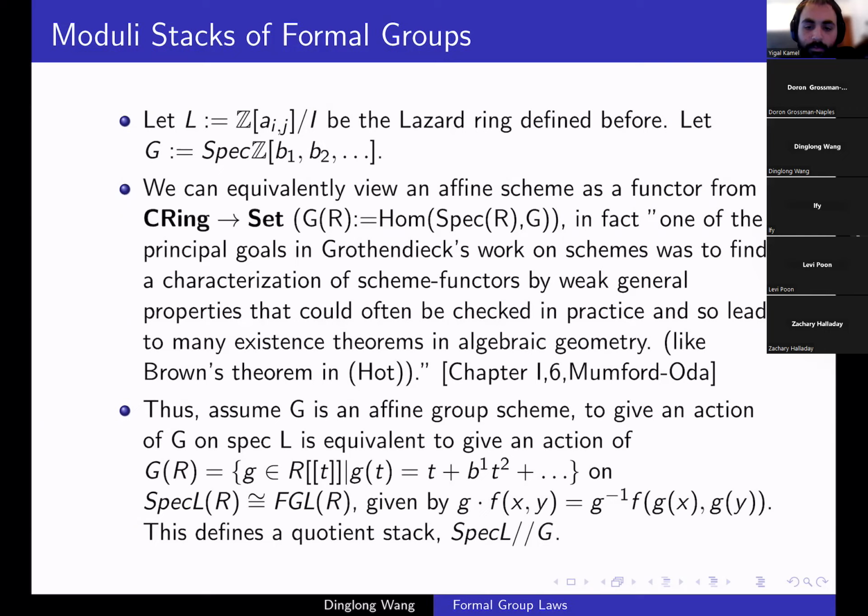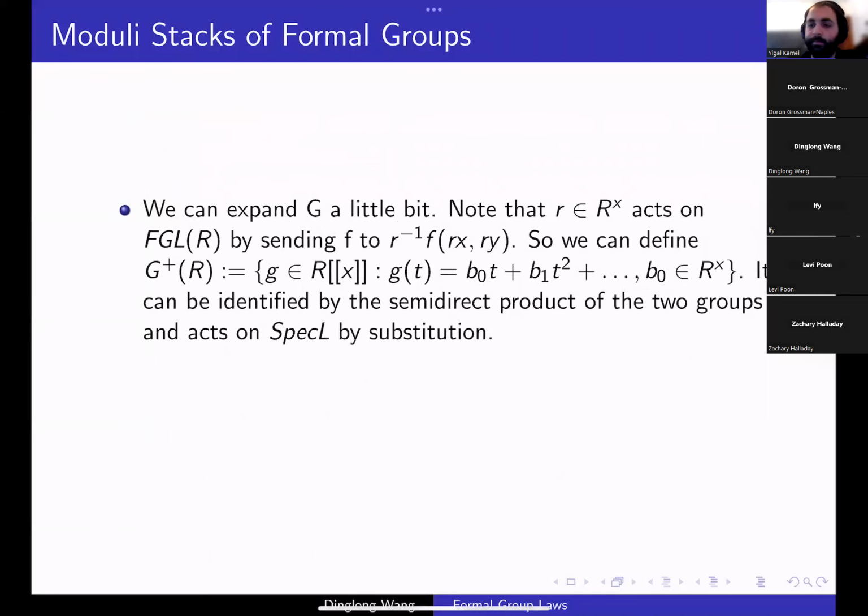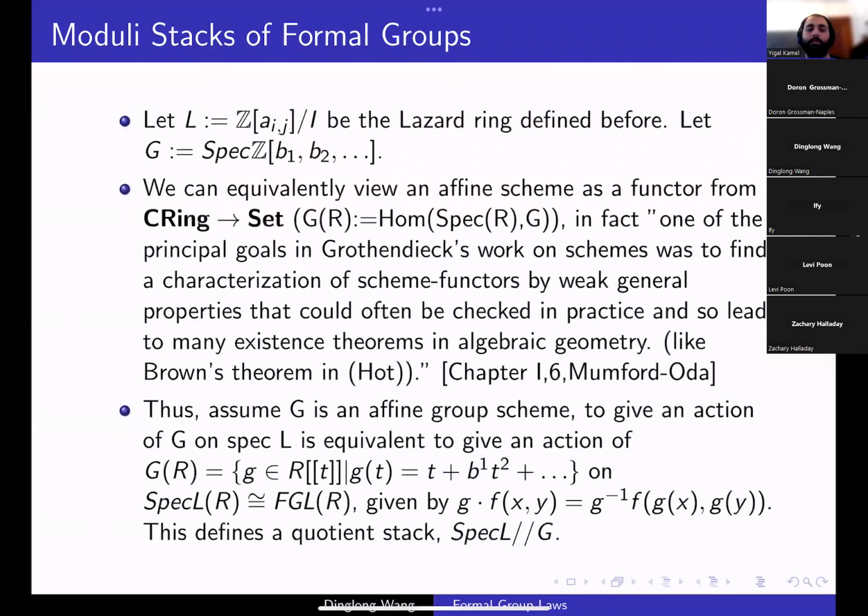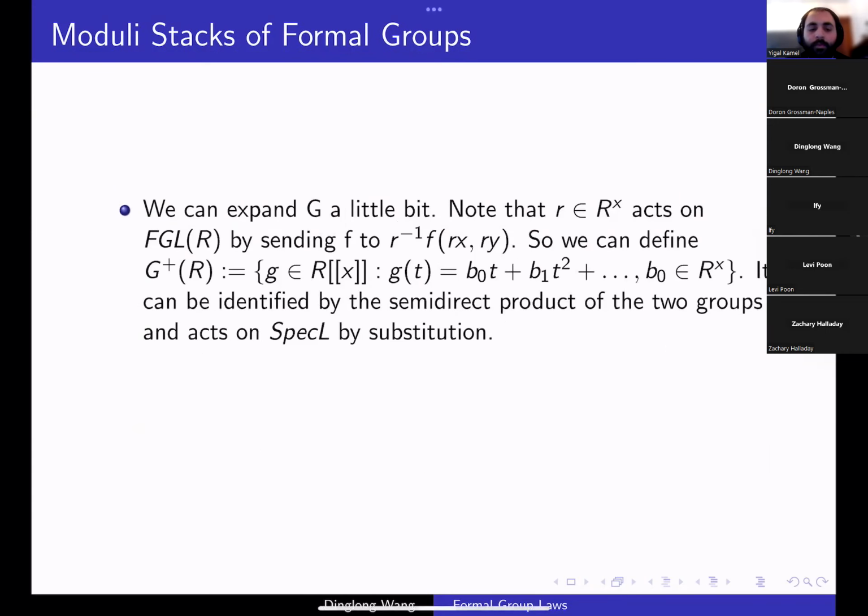This defines a quotient stack, Spec L over G, and I won't even talk about the definition of stack here because it's been too long, but I just want you to know that there's some connection to algebraic geometry. So we can expand G a little bit and note that r, if r is a unit, acts on the formal group law by sending F to r^{-1} F(rx, ry).